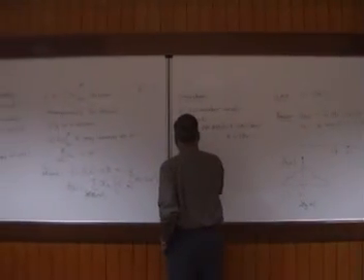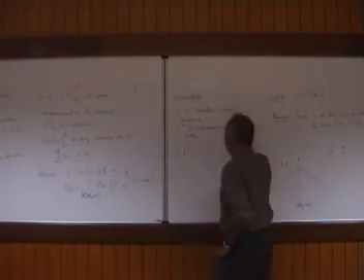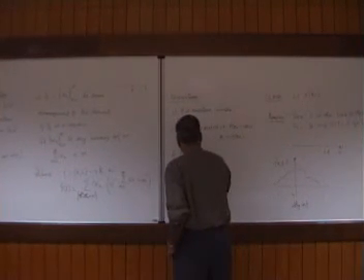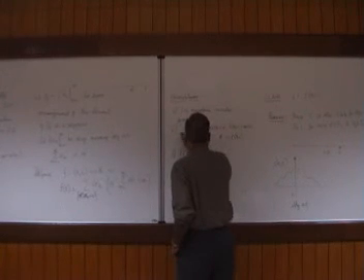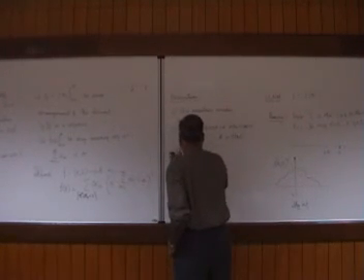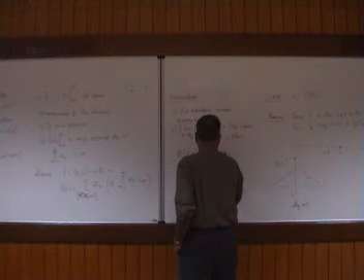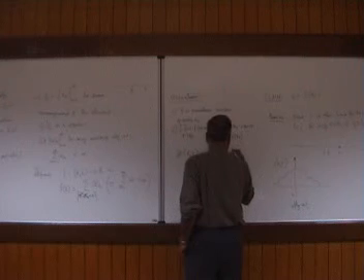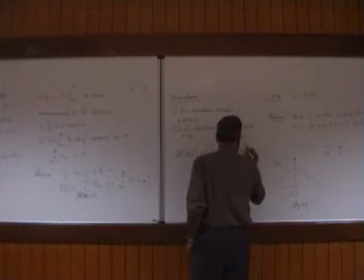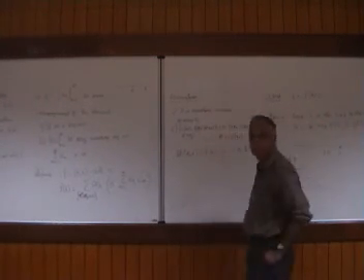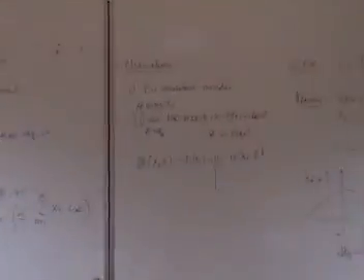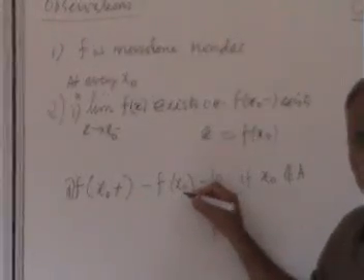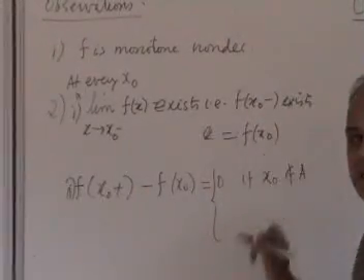And therefore, of course, if it's monotone non-decreasing, we know that f(x naught minus) and f(x naught plus) exist. f(x naught plus) minus f(x naught) is equal to 0 if x naught does not belong to the set A. I can write f(x naught) or f(x naught minus), both are the same because they are equal.